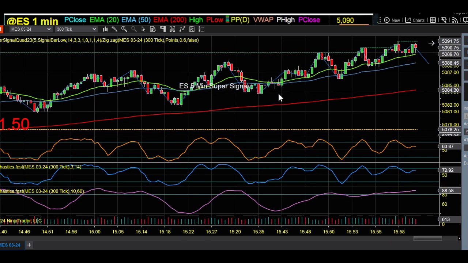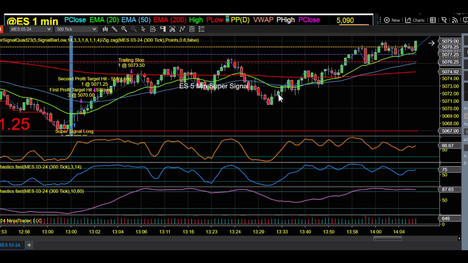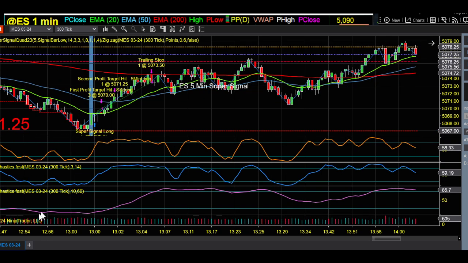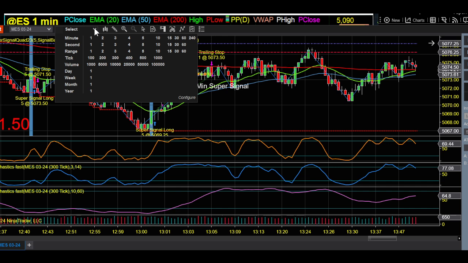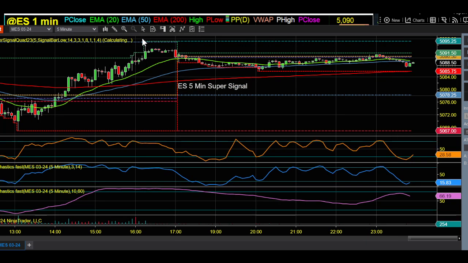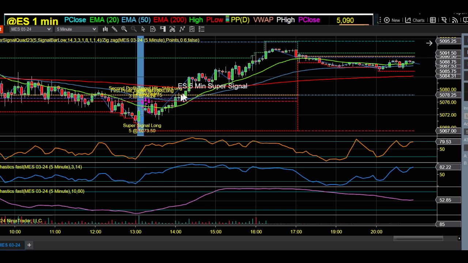I don't see anything yet. I'm going to have to zoom out. Oh, there you go. Now you notice here, this was at 1 o'clock. The 1 o'clock setup was so good that it showed up on the 300 tick, and it showed up on the 5-minute.